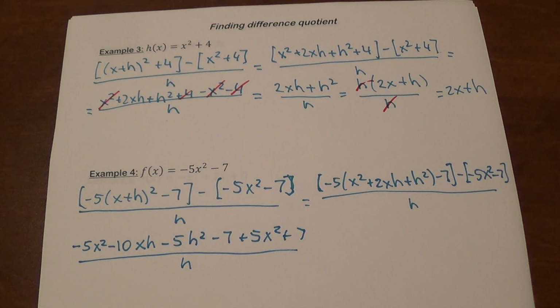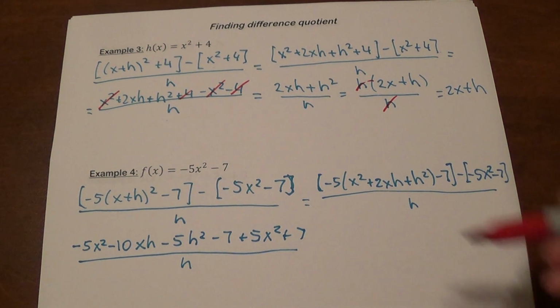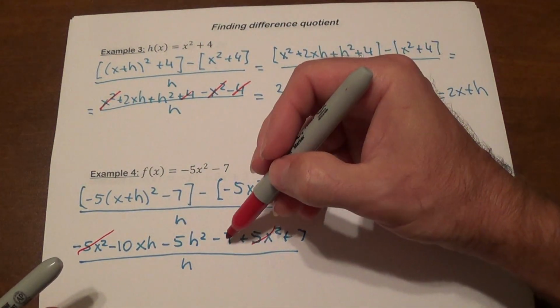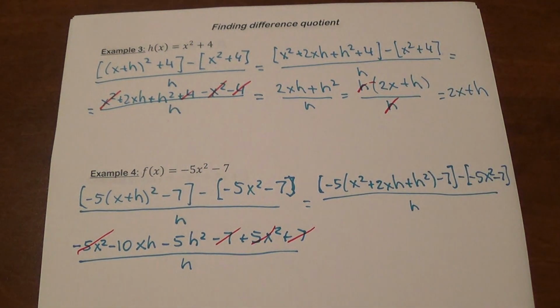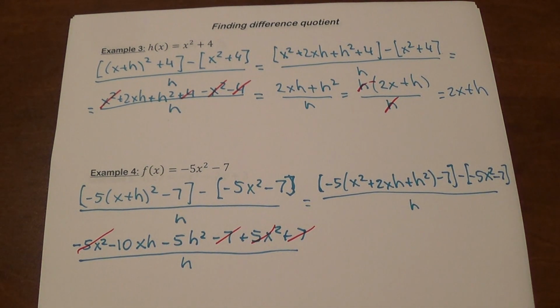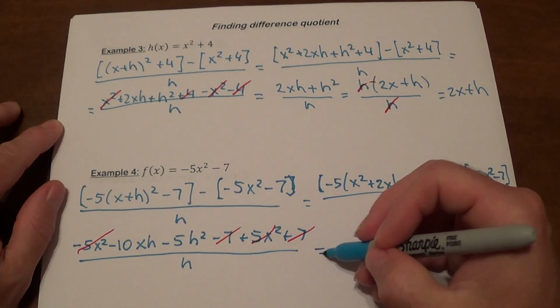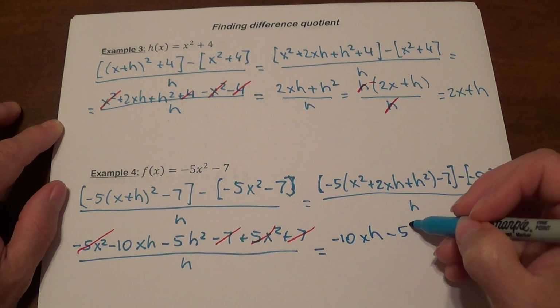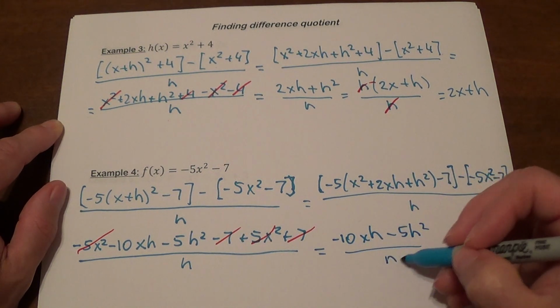And let's see, we have some terms that can cancel. Negative 5x squared and positive 5x squared. We have negative 7 and positive 7. This is it. And the only two terms in the numerator both contain h, at least one. Negative 10xh minus 5h squared divided by h.